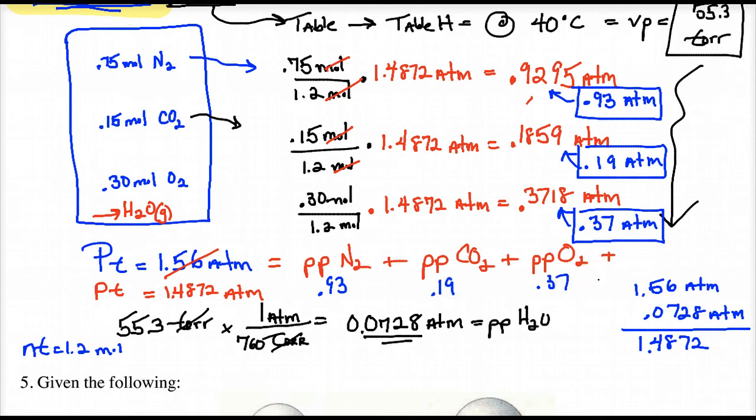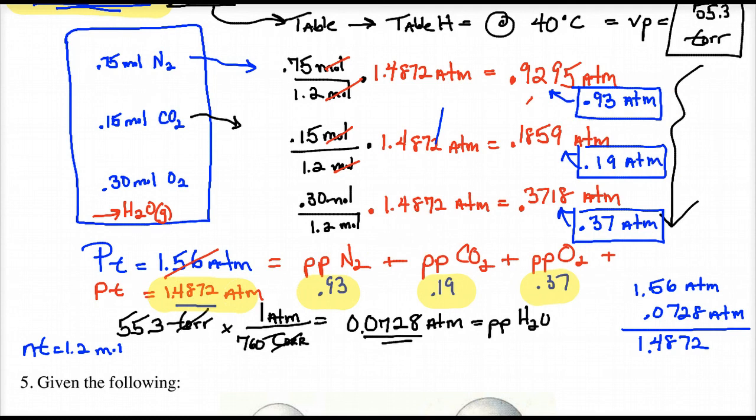Let's put that in for fun because I can't wait to have fun. 0.93 plus 0.19 plus 0.37, and you get 1.49. And you say, Mr. Grodsky, it's 1.48. Well, it rounds off to 1.49. Okay, right here. So the total pressure is equal to the individual partial pressures. And because of rounding, it's not exactly correct, but it rounds off to 1.49.